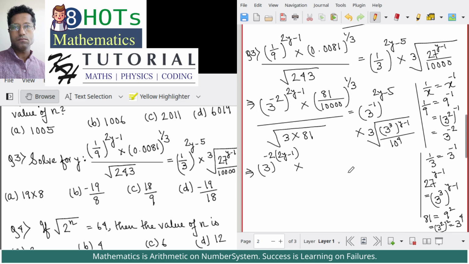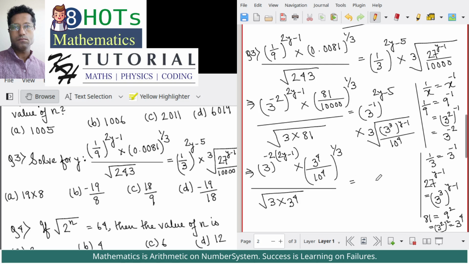So 81 is 3 to the power 4, divided by 10 to the power 4, and this whole raised to the power 1 by 3, divided by the square root of 3 multiplied by 81, which is again 3 to the power 4.